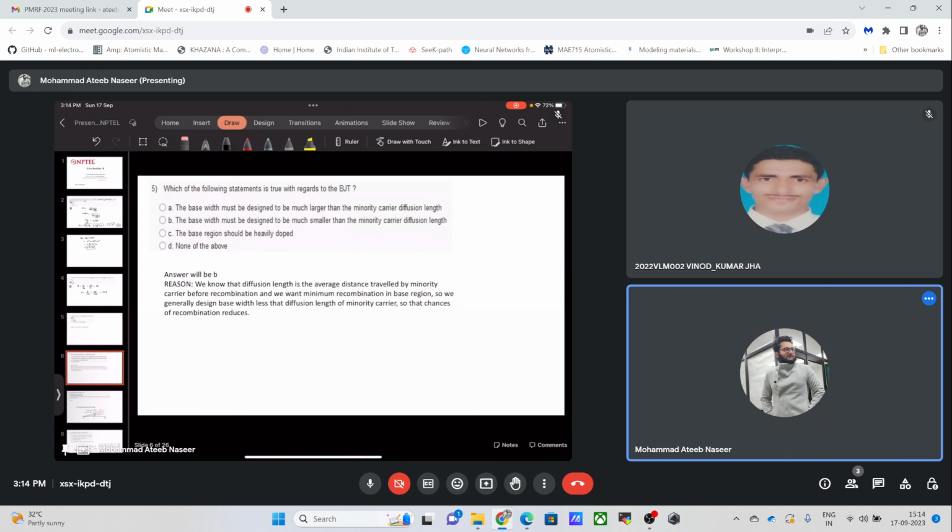Okay. Now there is another problem, a statement problem regarding this BJT. It states: which of the following statements is true with regards to the BJT? One statement says that the base width must be designed much larger than the minority carrier diffusion length.